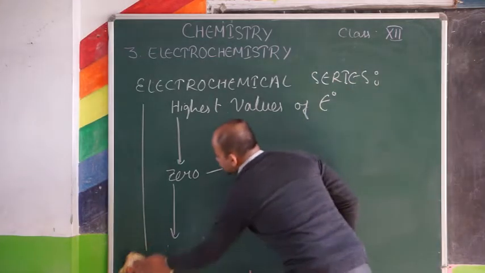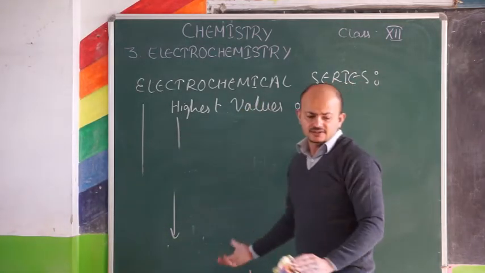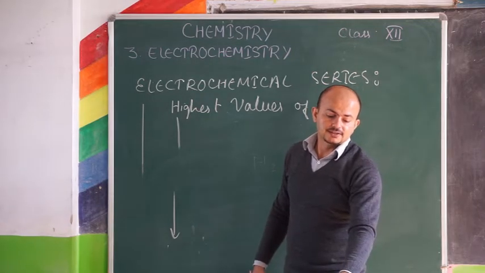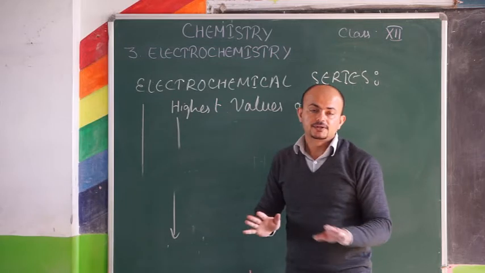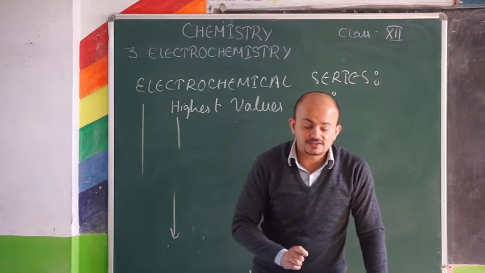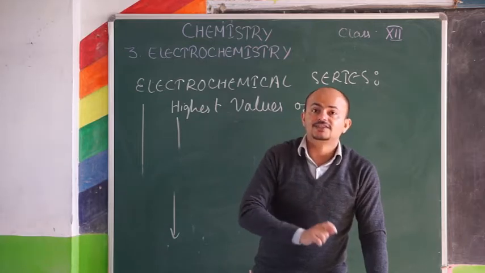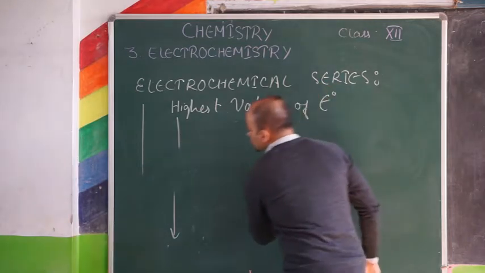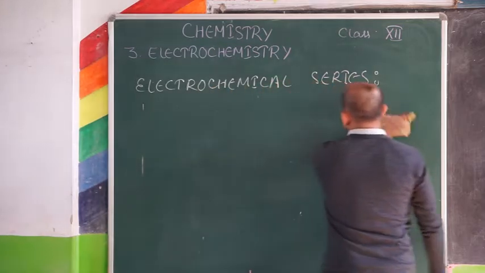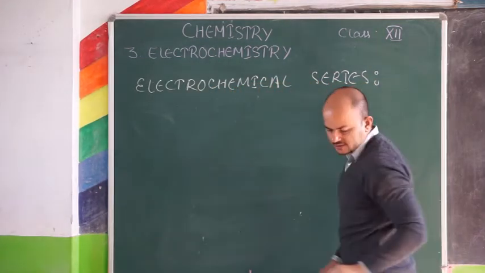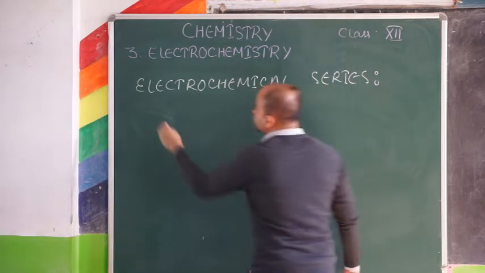So the first one, for this particular series, please refer to this book, and you don't have to remember the exact values of standard electrode potential, but you have to remember its relative position in the electrochemical series. So, importance of electrochemical series.